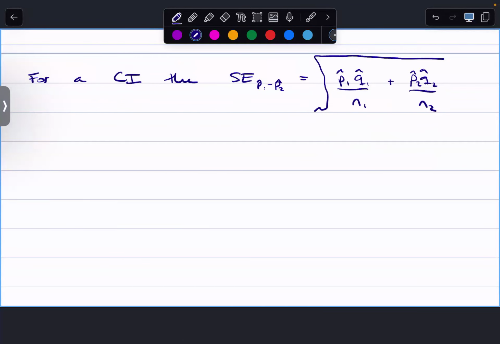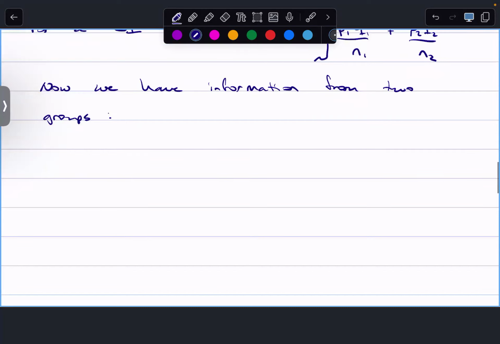And so now, what information do we need? So now we have information from two groups. Right, so we have group 1 and group 2.